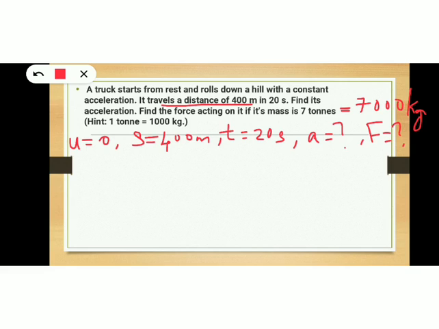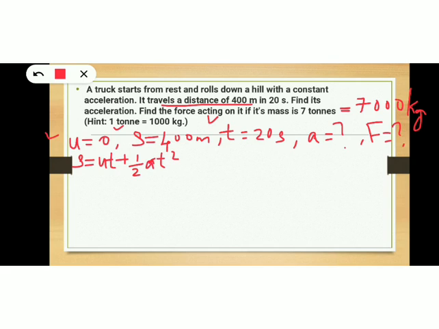And to find out acceleration, you must use our second equation of motion, S is equal to ut plus half at square. Right? Because here u, s and t is given. So if you want to find out acceleration from these three data, you are supposed to use the second equation of motion, that is S is equal to ut plus half at square.